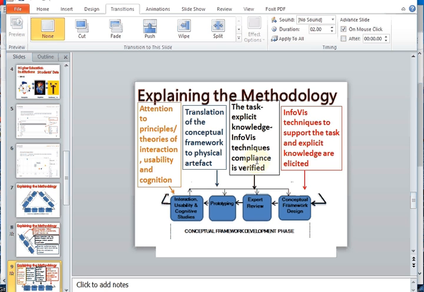There are supporting literatures that justify the essence of having expert review, either as heuristic evaluation or just as an expert in the field of information visualization, or decision support system, business intelligence, to really show that what the researcher, what the designer proposes is correct, verifying the compliance between the task, the explicit knowledge, and the information visualization techniques.